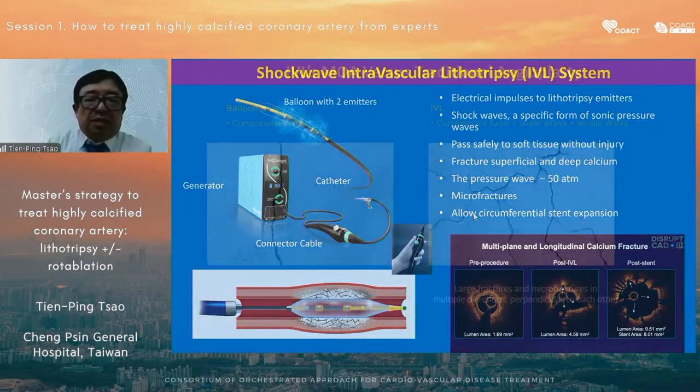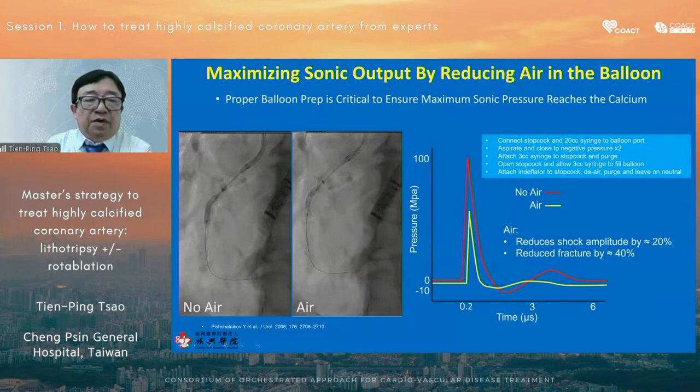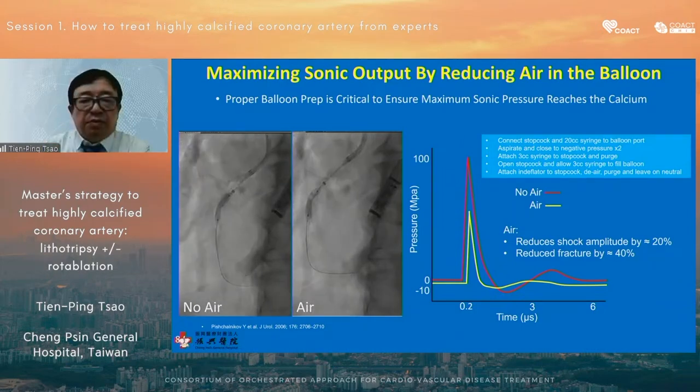So the IVL's mechanism of action versus traditional angioplasty: we know balloon only provides the compressive force. It creates a fracture at the weakest part of the calcium, but the IVL has compression force, shearing stress, and tensile stress. It can create large fractures and microfractures in multiple directions, perpendicular to each other. So it's very important to maximize the sonic output by reducing air in the balloon.